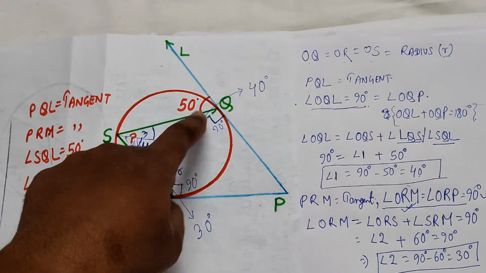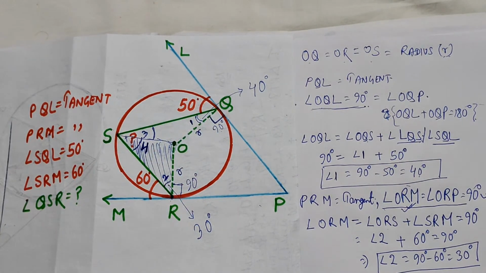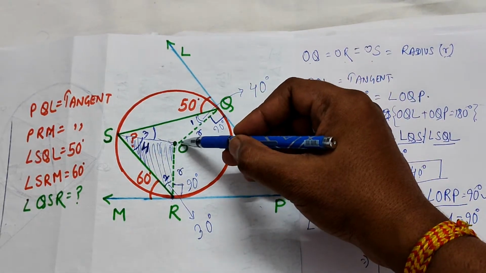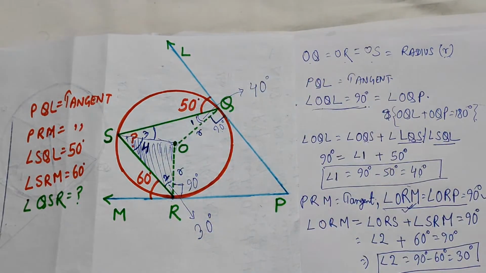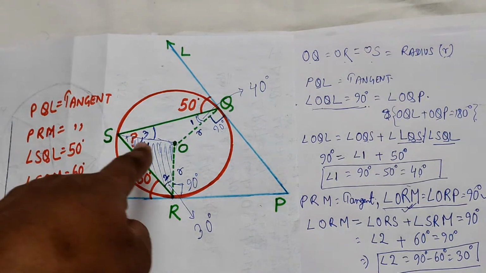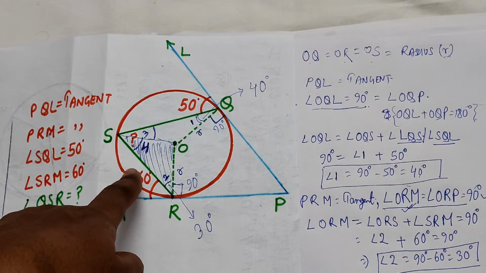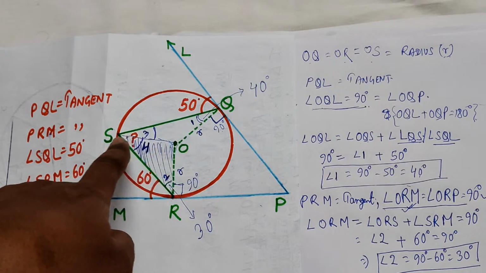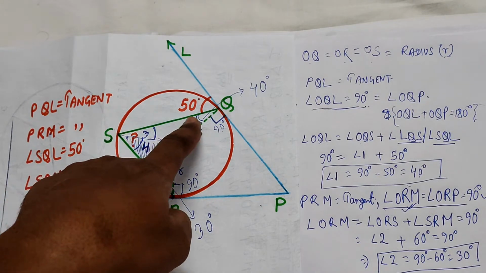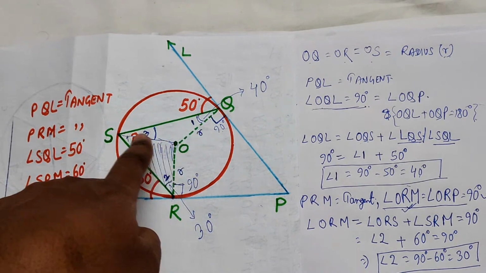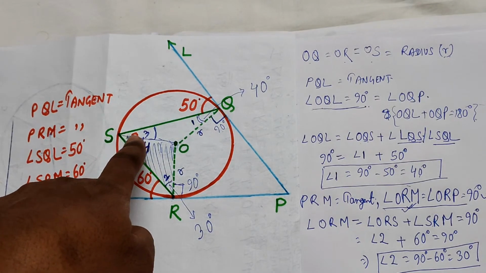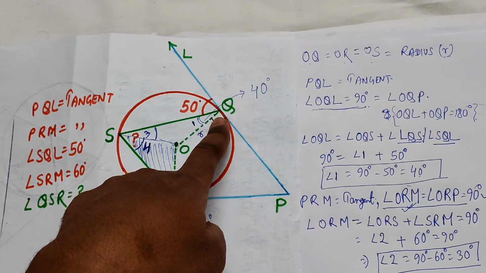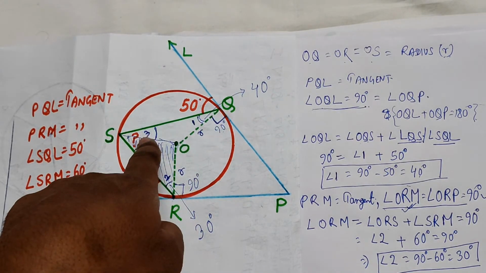If angle 1 is calculated as 40 degrees, and if we consider triangle OQS, in triangle OQS, angle 1 is opposite to side OS. If this is 40 and OS is the radius, then OQ is also a radius and the angle opposite to it is angle 3.